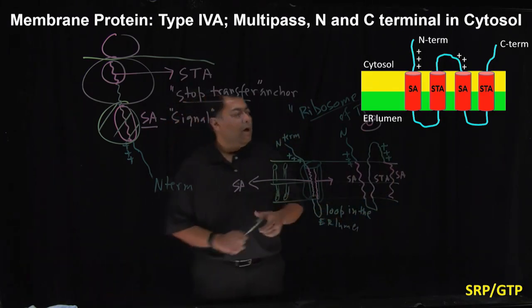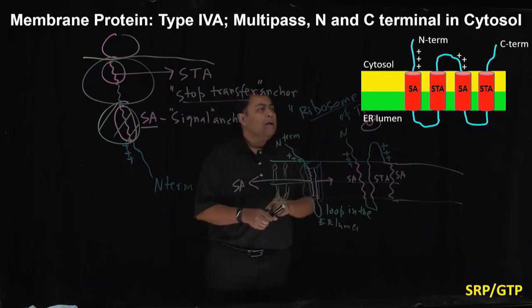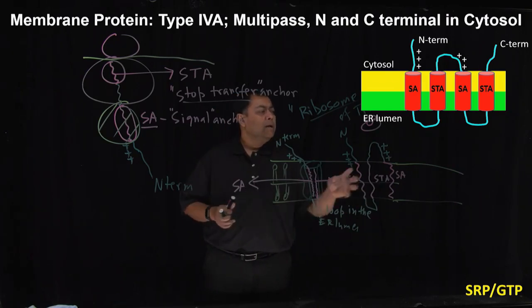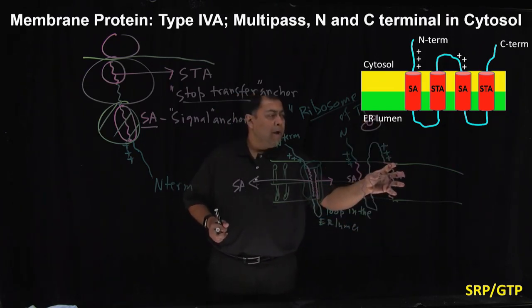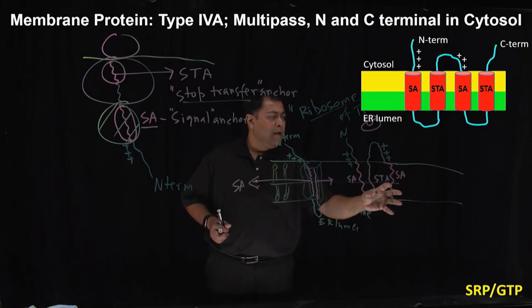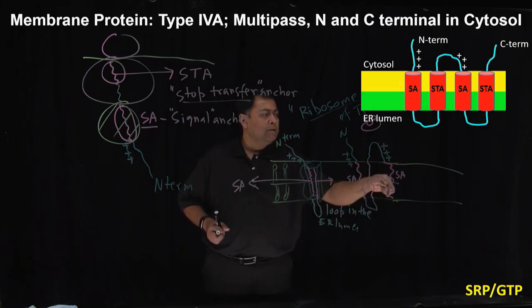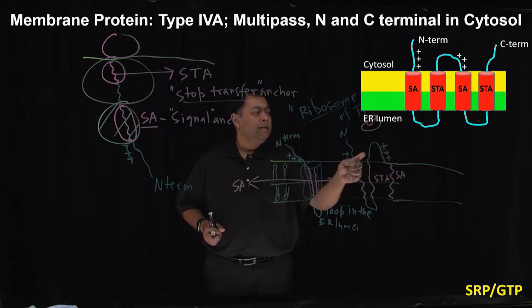Remember that the ribosome is floating in the cytosol. When this hydrophobic sequence comes in, this protein needs to go somewhere. So the SRP binds to that and brings this entire part, puts this signal anchor sequence into the translocon, but doesn't put that plus into the translocon.